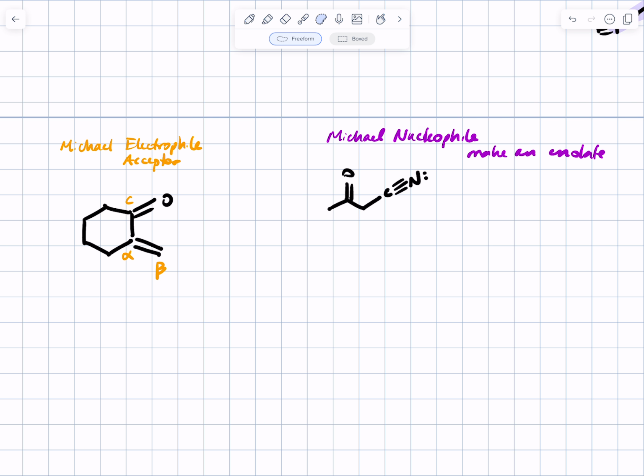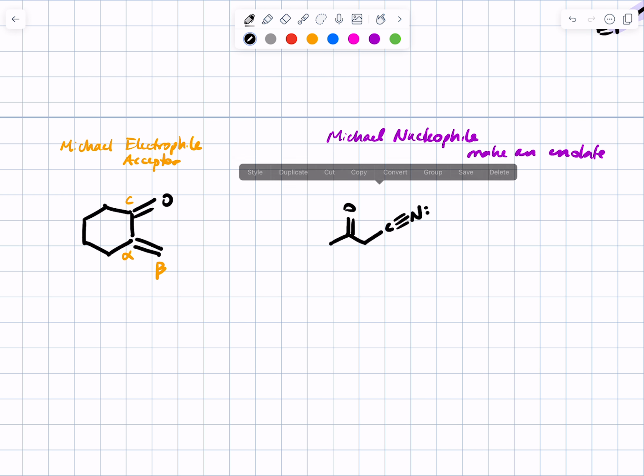Another thing that will help is to compare this with this beta diketone. Do you see any similarities between the two? Still nothing. Okay, that's fine.